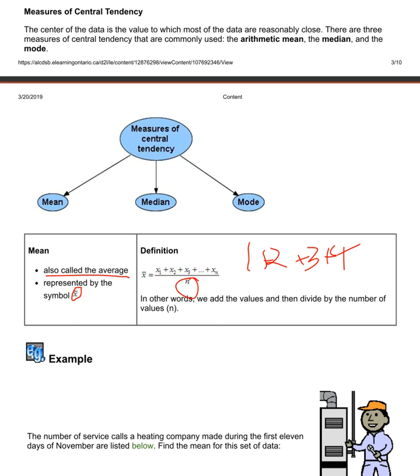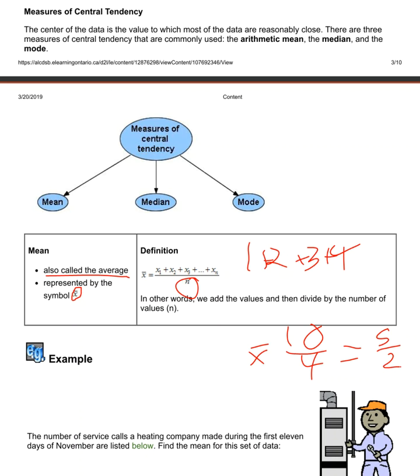So 3 plus 3 is 6, plus 4 is 10. 10 divided by 4 will be your average, which is 5 over 2, which is 2.5.